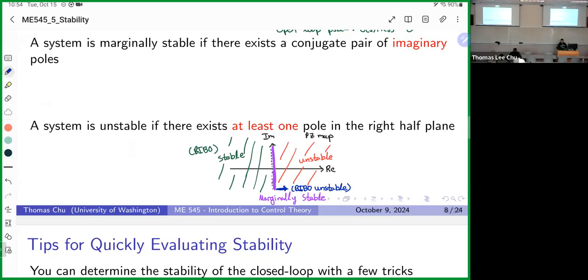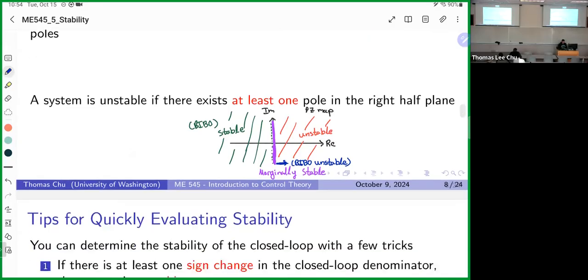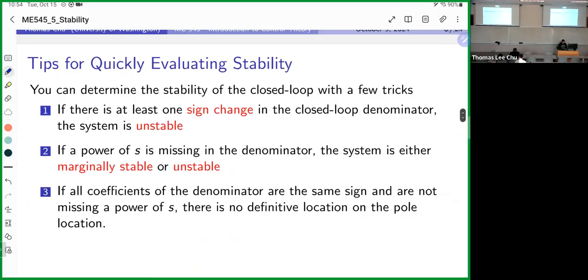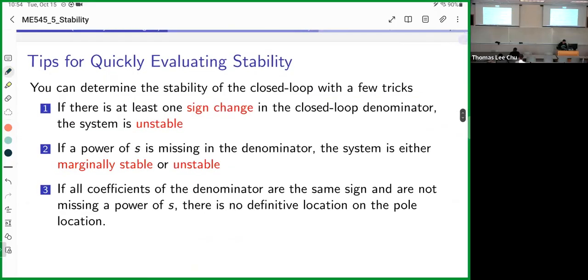All right. So now I think the most useful part of this chapter, besides the definitions, well, at least the most useful tools now, is evaluating stability without a calculator. So when we look at the poles, we're looking at the denominator terms. If you notice that there's at least one sign change in the closed loop denominator, the system is unstable because there must be at least one positive and one negative eigenvalue.